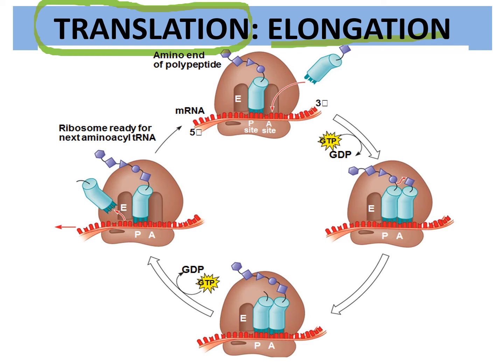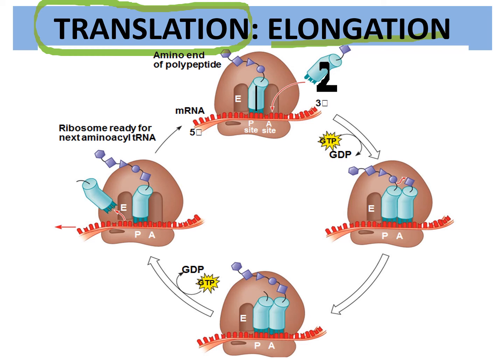So in order to understand this process, let's call this tRNA 1 and this can be tRNA 2. So remember that a tRNA molecule always holds an amino acid at its end.